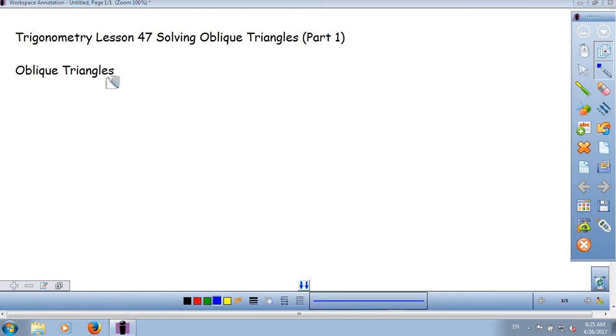Now, what is an oblique triangle? An oblique triangle is a triangle that does not contain a right angle. So we have been working with triangles with right angles most of the time since the beginning, when we learned geometry, when we learned right triangle trigonometry.